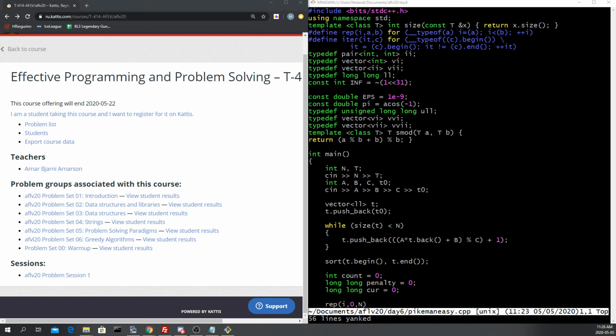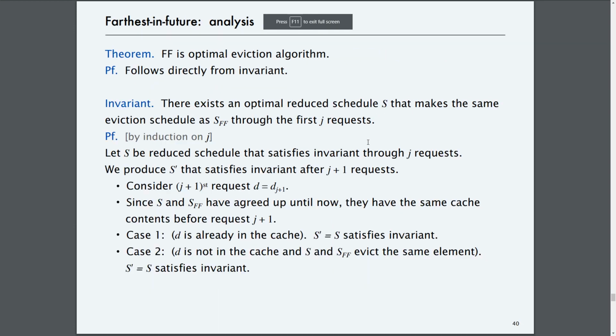Yeah, so the rest of these slides are just proof of an invariant here for the reduced schedule.